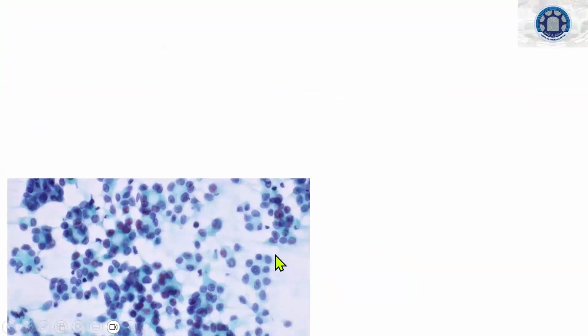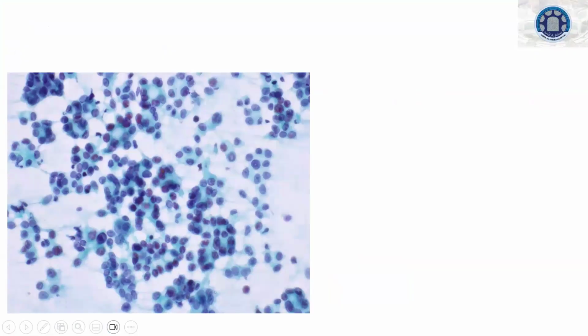So let's go to the next slide. Okay. Now, what I'm going to tell is that for the residents, please, the solid masses which don't show ductal epithelium and show these kind of monotonous appearing blue cells, there are 4 differential diagnoses. Okay. So one is neuroendocrine tumors.